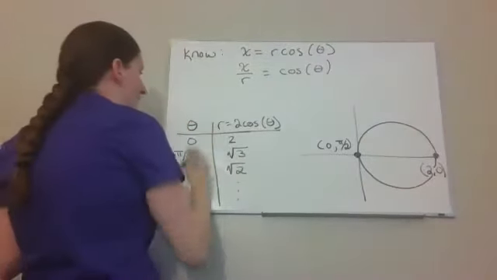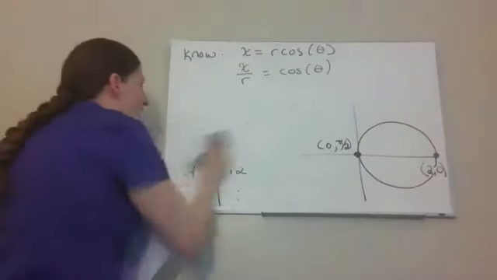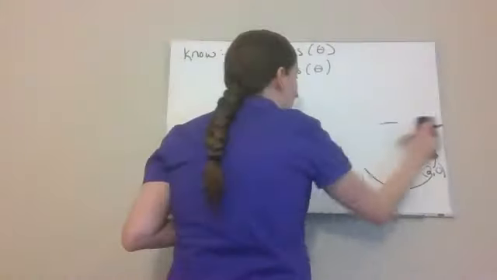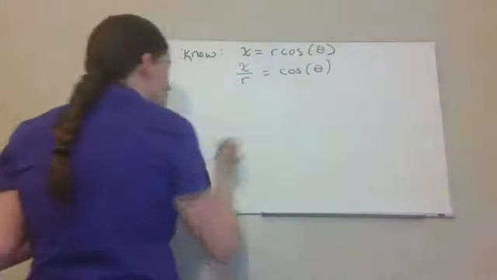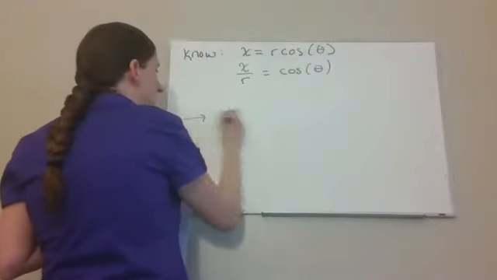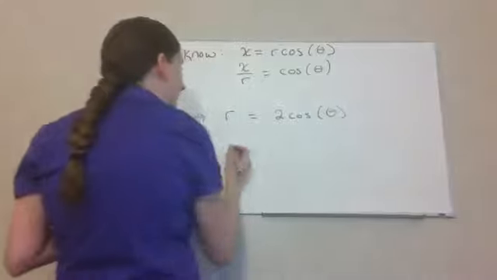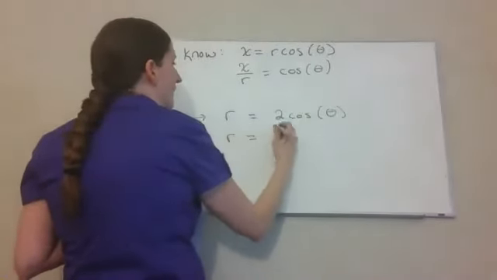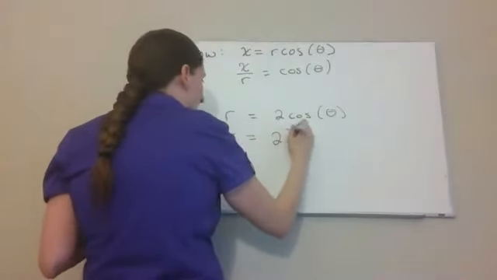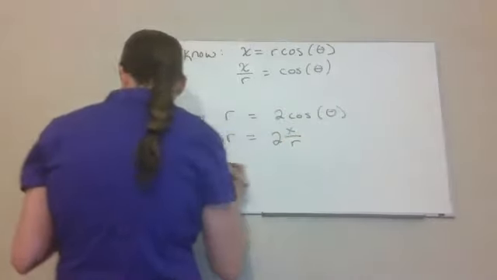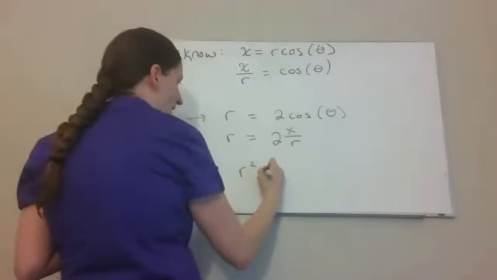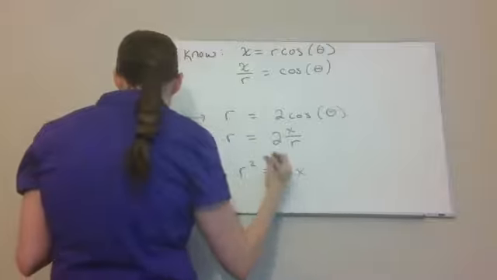That means that when I have my equation, r equals 2 cosine theta, that's the same thing as saying r equals 2 times x over r. And so I get r squared is equal to 2x.